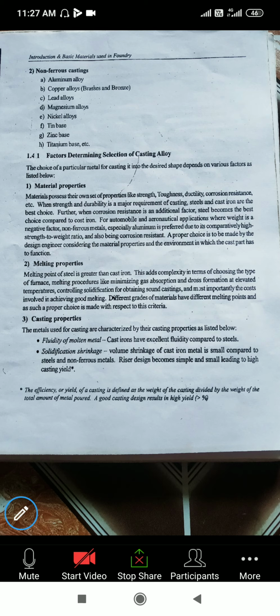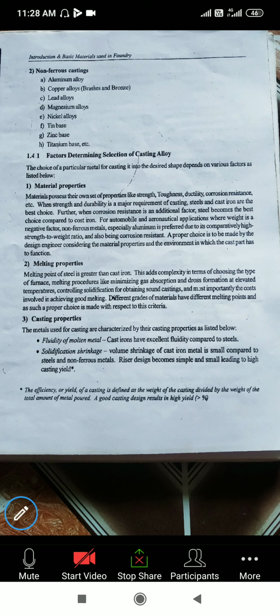If it is non-ferrous, you can use a lightweight or light capacity furnace. If it is a ferrous material, you go for the faster, heavyweight furnaces where more heat is released, the temperature can gradually increase, and the materials melt.